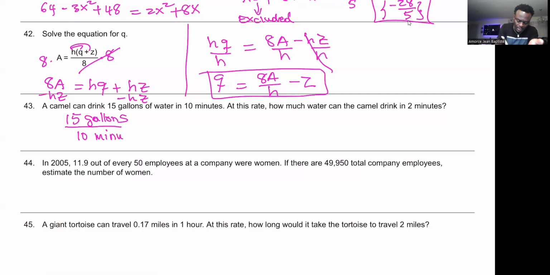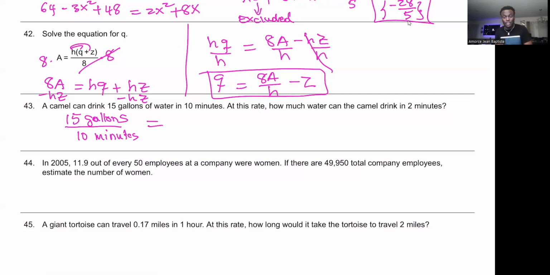I see this information, but you need to use your units very wisely. You see how 15 gallons is on top? Whatever you're going to call gallons, it's still on top of your next equation. It'll be the same rate.